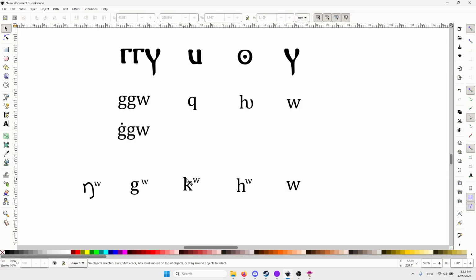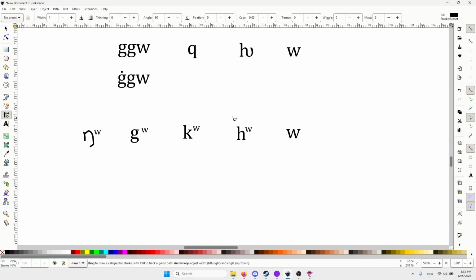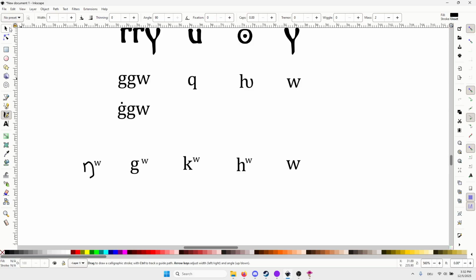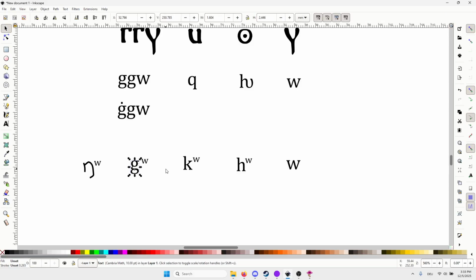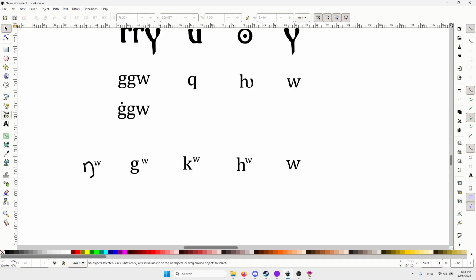But here we have all of the consonants, and there used to be another one in Proto-Germanic.